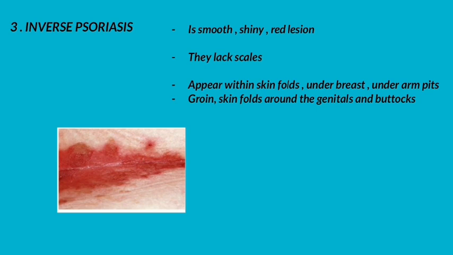Third, inverse psoriasis is a smooth, shiny red lesion. They lack scales and appear within skin folds: under the breasts, under the armpits, the groin, and skin folds around the genitals and buttocks.